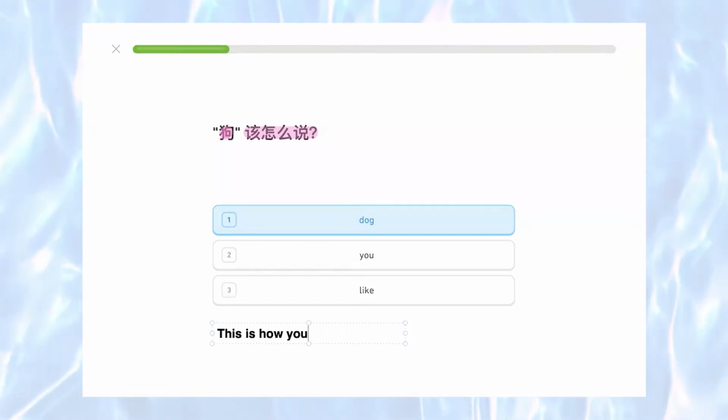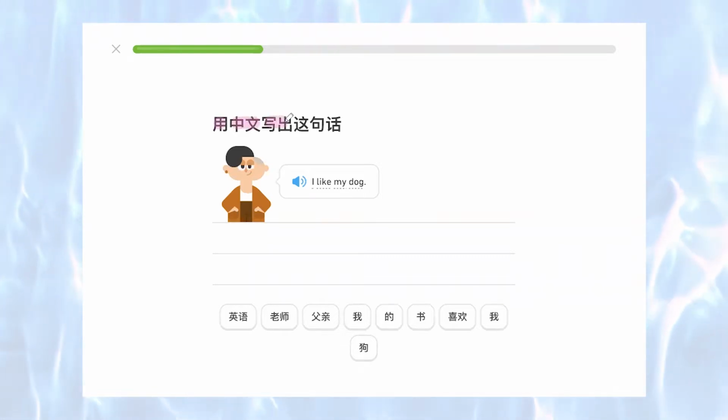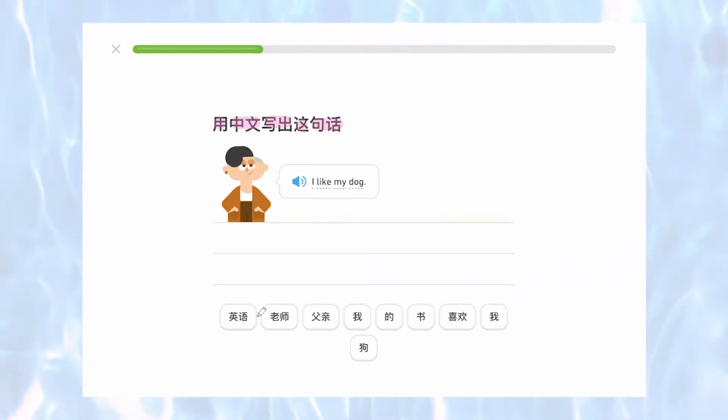This is how you say dog. Use Chinese to write this sentence.